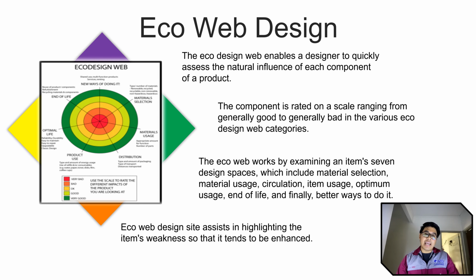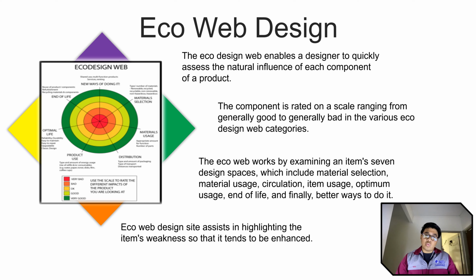For the Eco Web design, the Eco Web design enables a designer to quickly assess the natural influence of each component of a product. The component is rated on a scale ranging from generally good to generally bad in the various eco design web categories.